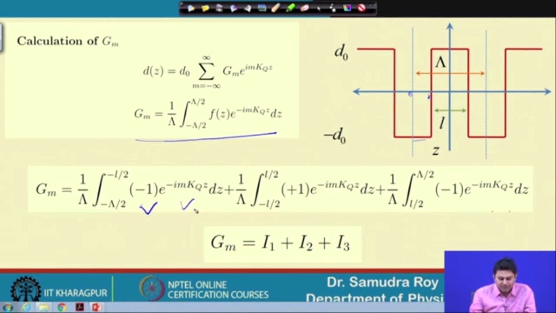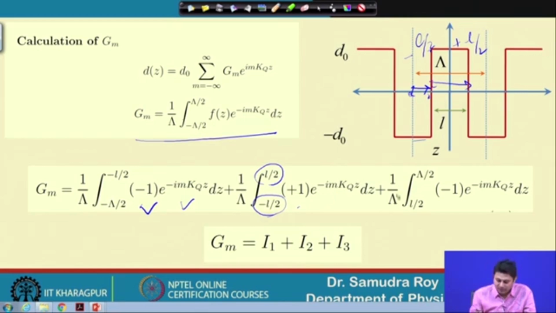Then the next part: I integrate from minus L by 2 to plus L by 2, and here the value of d is plus 1, so this is plus 1 times e to the power minus i m k_z z.